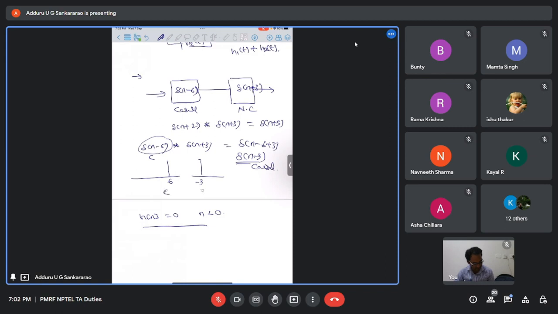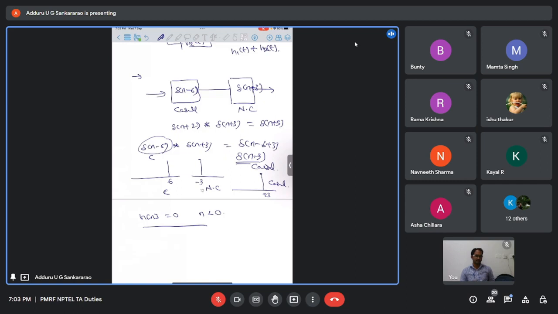What about del of n minus 3? It is at plus 3, so it is causal. So it need not always be non-causal.